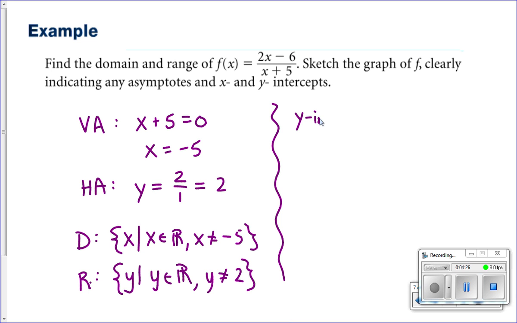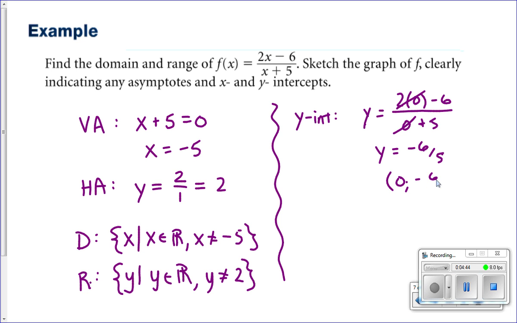I'll do the y-intercept first because that tends to be easier. I'm going to change x to 0. So y equals, still y, 2 times 0 minus 6 over 0 plus 5. These are both 0, so y equals -6 over 5. That means the function has a point at 0, -6 over 5.